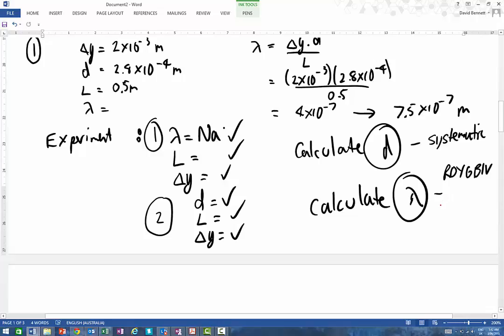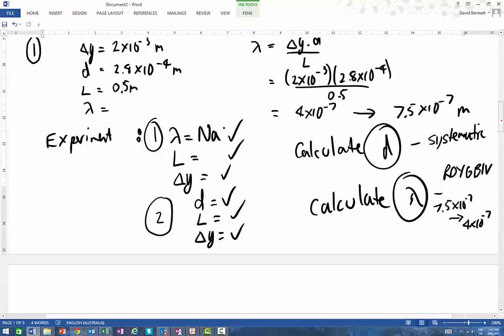So it's going to be something like 7.5 by 10 to the minus 7 on that end, and go through to something like 4 by 10 to the minus 7 on the other end. It doesn't really matter exactly what you've got, as long as our colours are in the right ratio, because that gives you an idea about whether you've done it correctly or not. Anyway, that's really Young's double slit experiment.